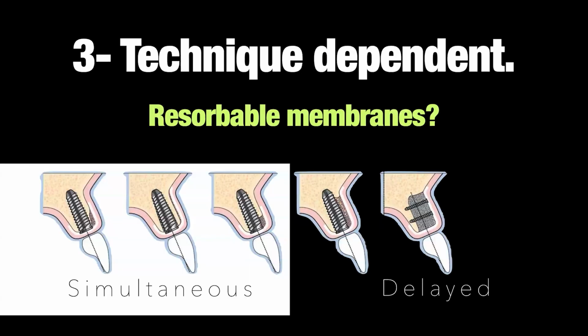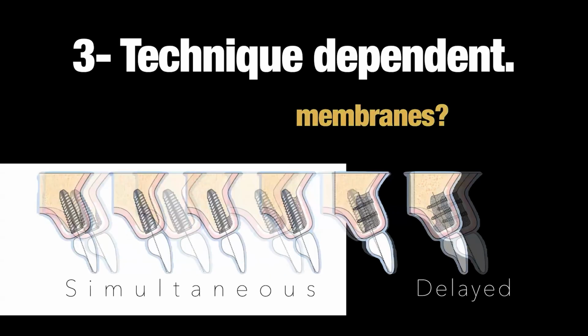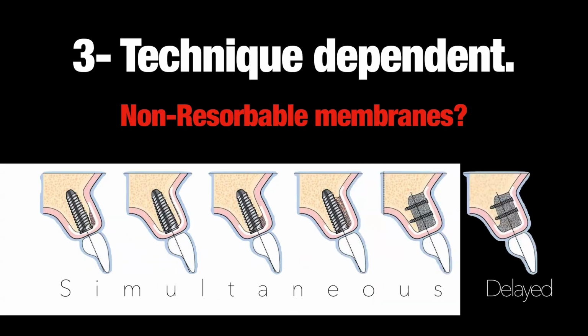And we really just spoke about technique dependence. So if we're doing the defects 0 to 2 simultaneously, we can do that with a resorbable membrane. If we want to do everything simultaneous, except again for the vertical augmentation, we must consider a non-resorbable membrane. You don't need to use that in a 0 or 1 defect, but you can use it in 2, 3 or 4, and not 5, because we don't recommend vertical with simultaneous.